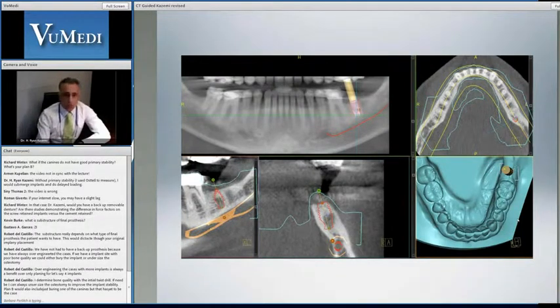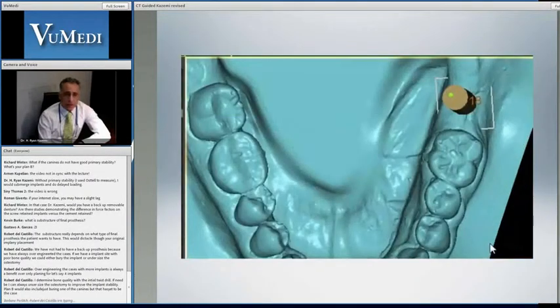So when we start to look at the scan and evaluate the position of the implant, we come up with a position of an implant that seems to be lingualized and not aligned with the central fossa. And we chose to do this in order to keep the implant in the bone and avoid that lingual perforation.